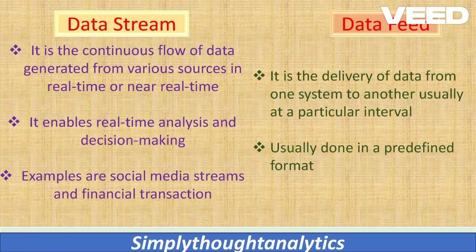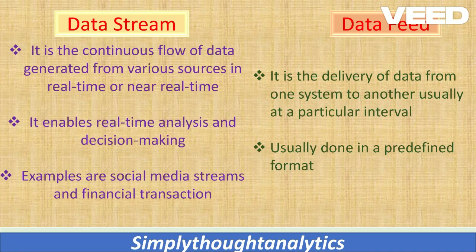Now, let's talk about data stream and data feed. So, what is a data stream? It is a continuous flow of data generated from various sources in real time or near real time.